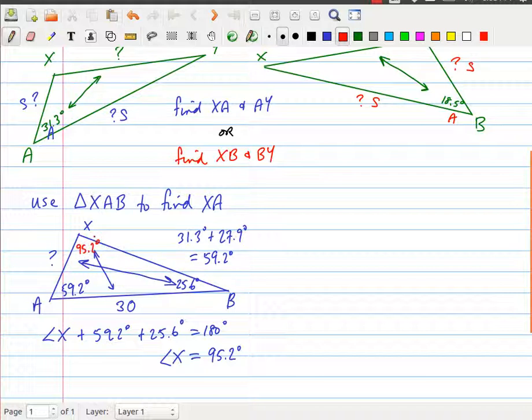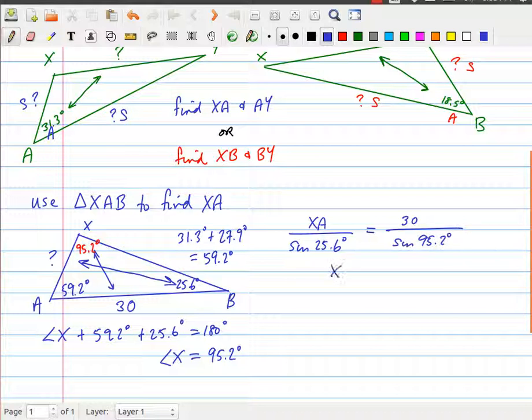So now I can actually make use of my ratios. I'll use the sine law here, which is that the side XA over the sine of the opposite angle. So XA is here, which means over the sine of 25.6 degrees. That must be equal to the side length of 30 divided by the sine of 95.2 degrees.